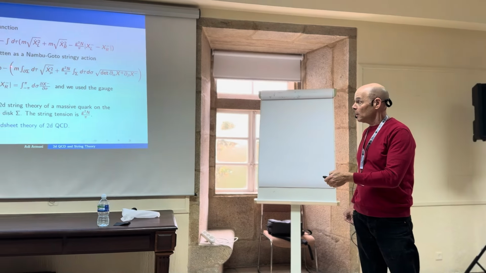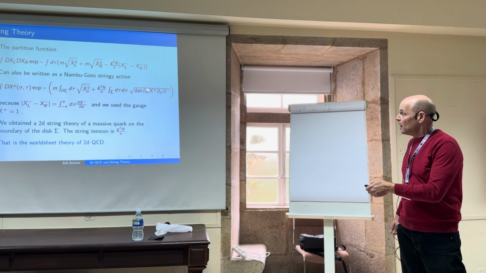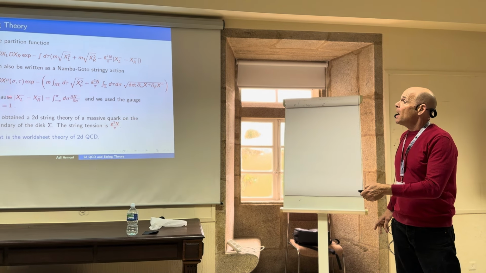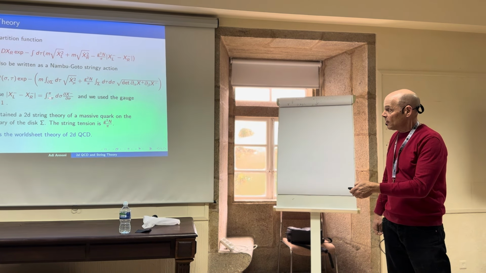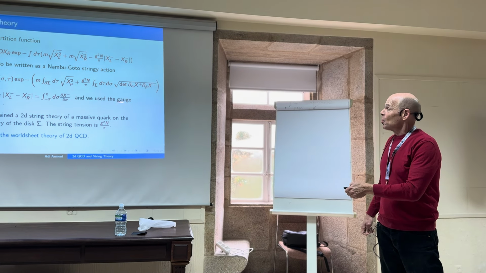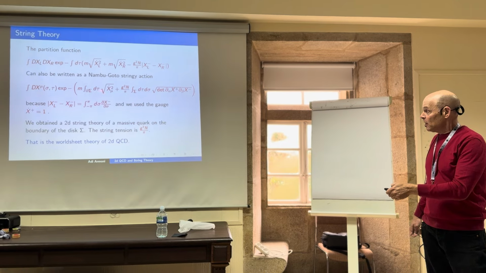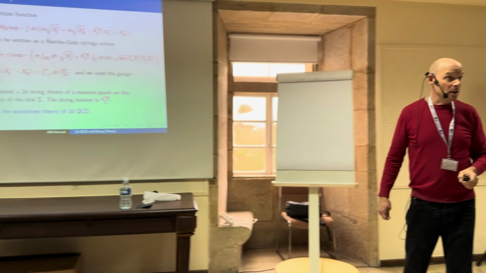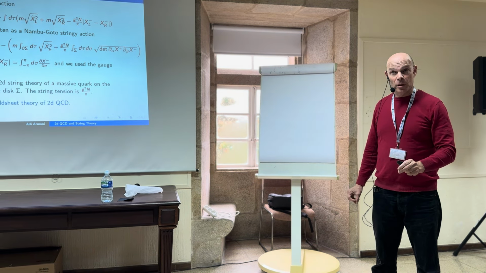So it's not a CFT. We have a mass here. And we have just a Nambu-Goto action. That's it. And the reason is that this delta x is the integral of the sigma dx the sigma. So in this gauge x minus plus equals 1, this 2D string gives me the solution of the 't Hooft model.